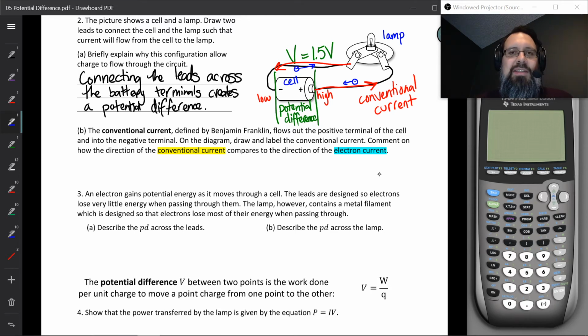And so it was decided that it was easier to just leave it in place, that the conventional current is the direction positive charge would move. And so we always think about current as being positive charges that move, and the electrons that are actually moving are going the opposite way. It's kind of annoying.